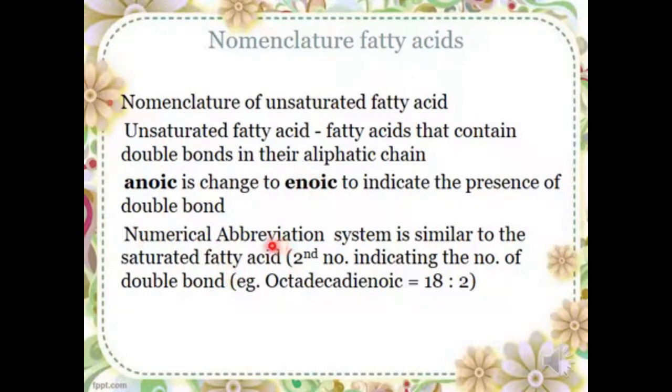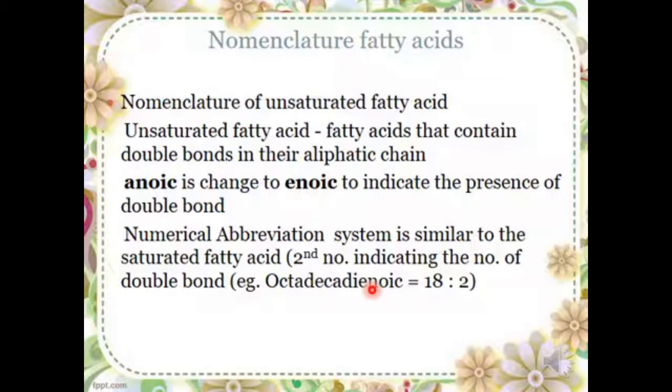The numerical system is the same as for saturated acid, but instead of 0 for the second number after the colon, you have a number indicating the number of double bonds. For example, octadecadienoic acid. Note the enoic here. It has 18 carbons with 2 double bonds present.